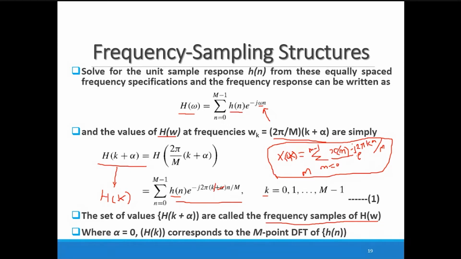In many of the books, let me clear this point, you get the calculation as H(k + alpha) in this format. That is given in Proakis and other books. But in other books like Salivahanan, or Oppenheim and Schafer, they initially assume alpha is equal to 0 and show the calculation in H(k) form only. So this term is totally removed at the start.